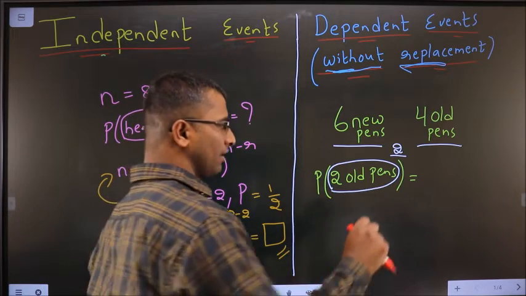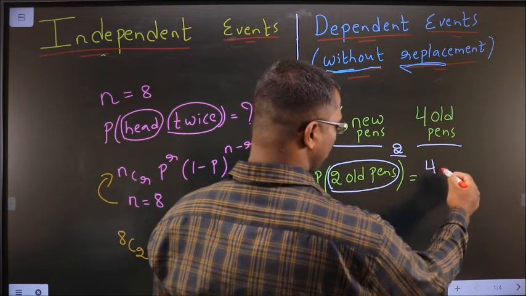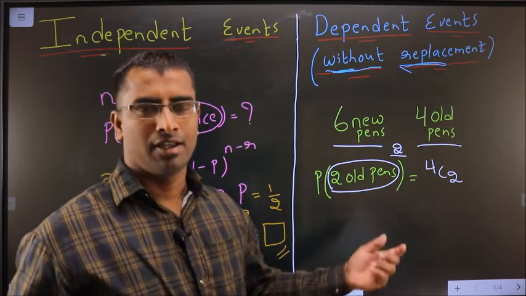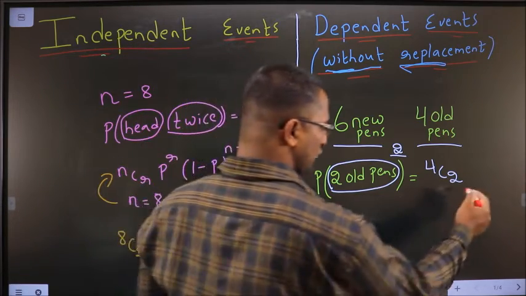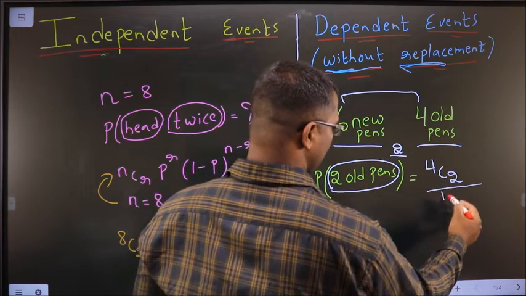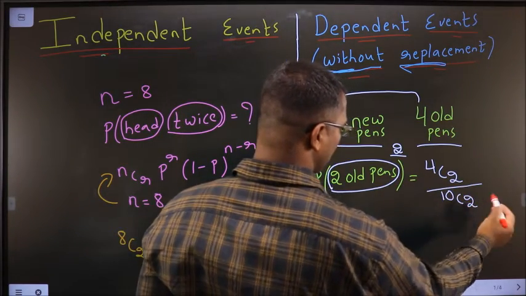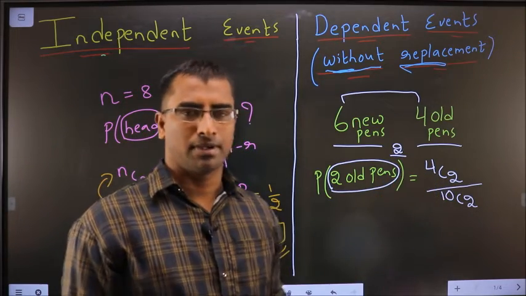There are 4 old, you want 2 old pens. So from 4, selecting 2 will be 4C2. That is in the numerator. The denominator should be the total. Total are 10 pens. From 10 pens you are selecting 2, so 10C2. This will give you the probability.